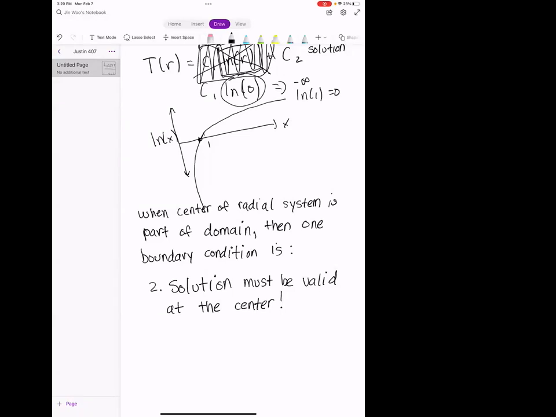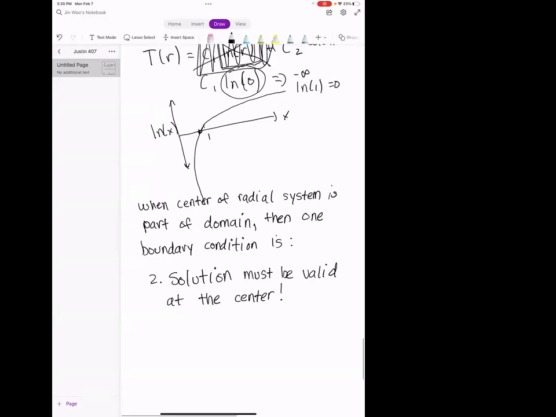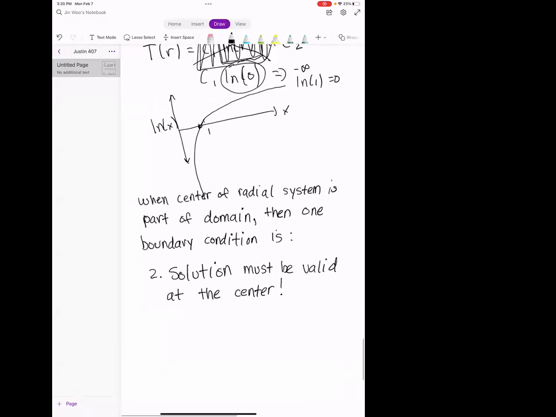If we apply that boundary condition to our temperature solution, that means that the C1 term cannot exist. You can say that we're going to set C1 equal to 0, and mathematically that gives you the exact same thing. That term just goes away.